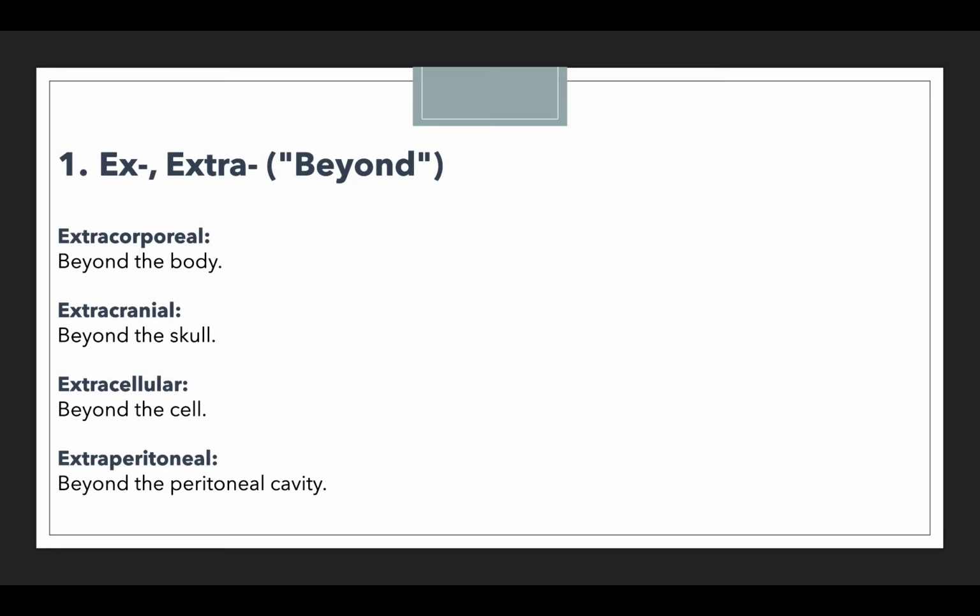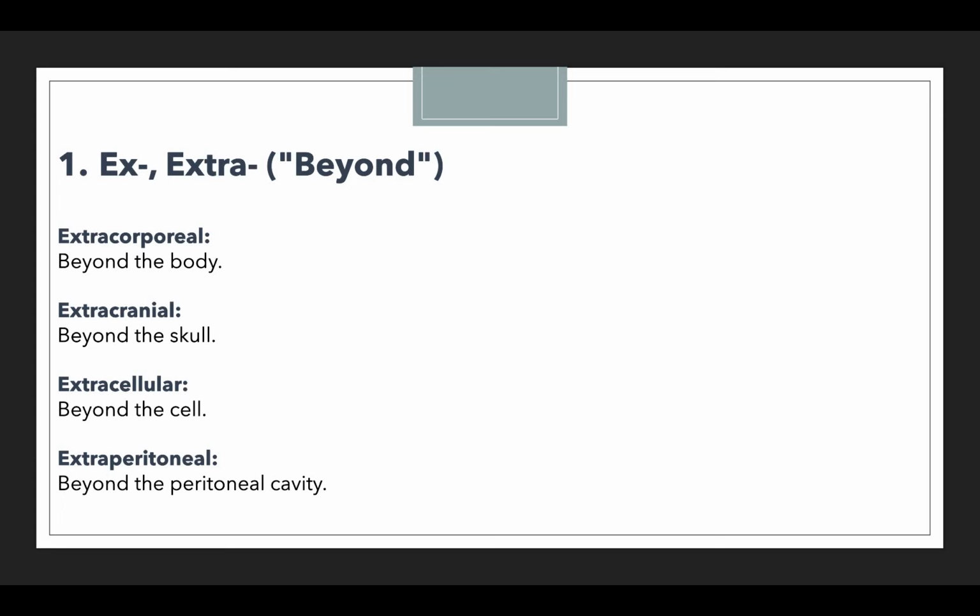Second example is extracranial. Extracranial, which means beyond the skull. So whenever we want to show something as beyond the skull, we will use the terminology extracranial, and here we are using the prefix extra.